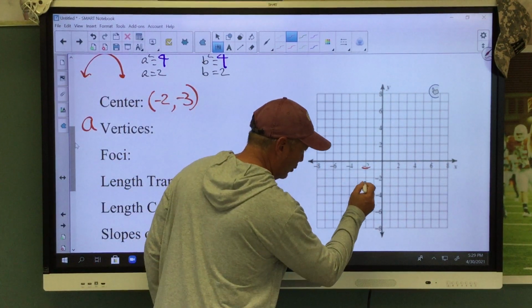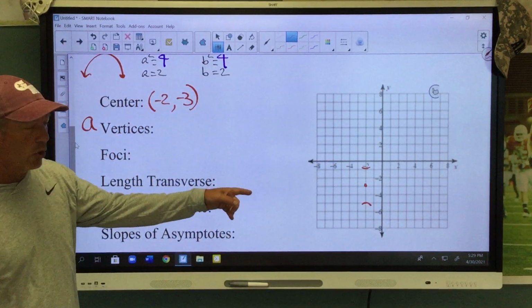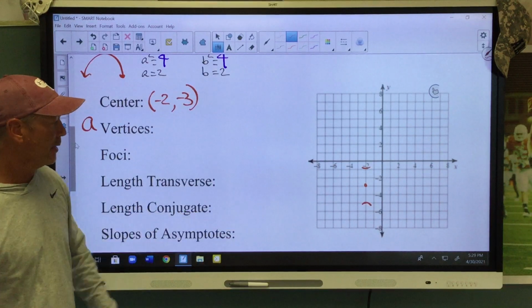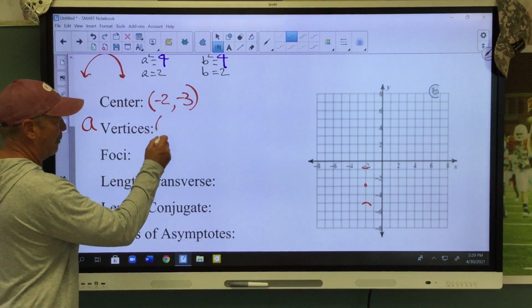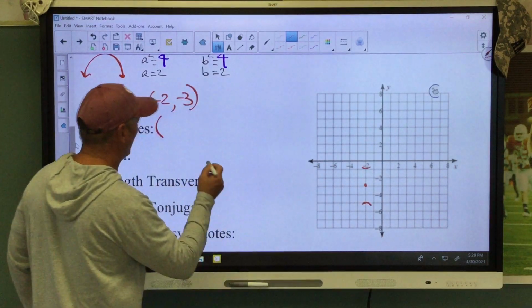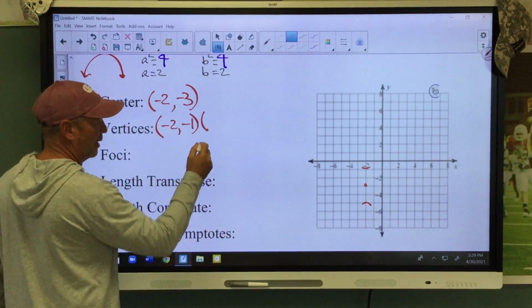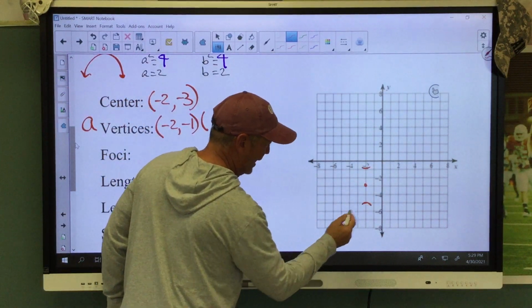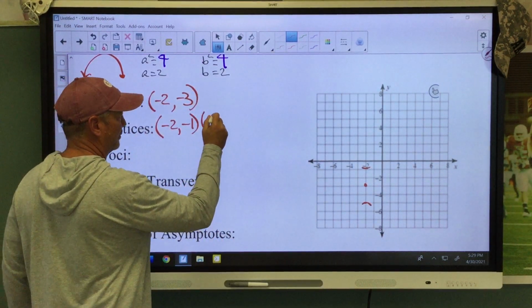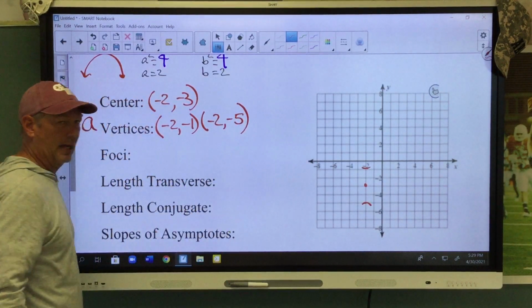We're going to go down 2. 1, 2, we're going to put a little curve to start. We need the location of those vertices. And they're going to be located, my vertices are located at -2, -1, -2, -5. Okay?